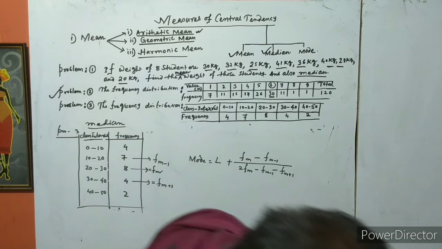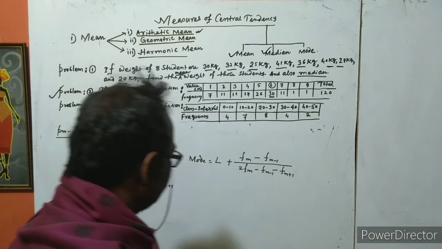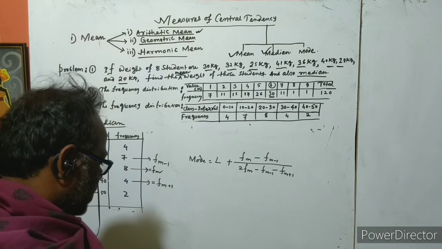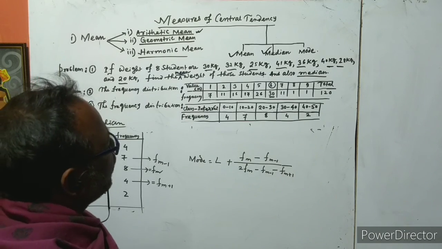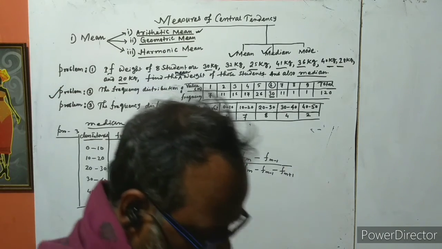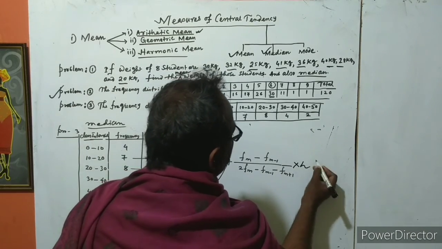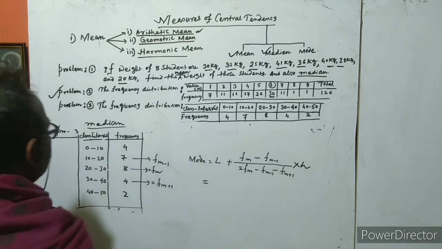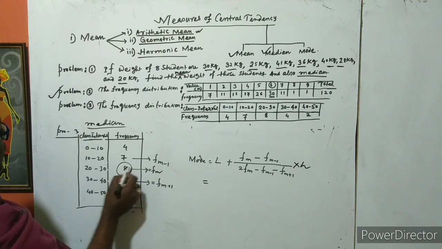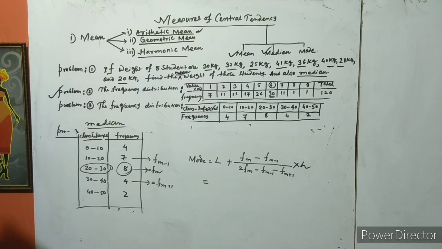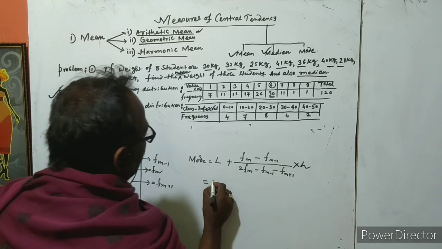Sorry, I wrote it a bit wrong. This is L plus Fm minus Fm minus 1 by 2 into Fm minus Fm minus 1 minus Fm plus 1, into H. The maximum frequency 8 gives the modal class, and here the lower limit is 20.